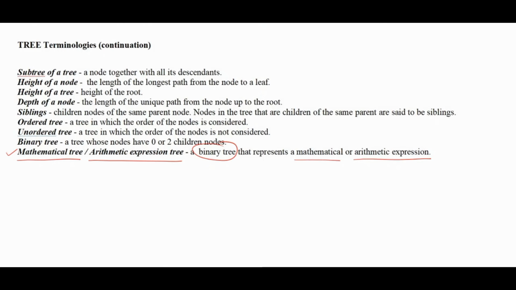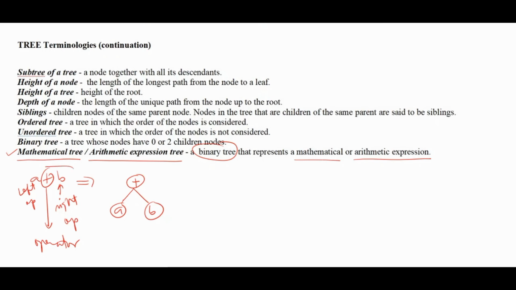Say, for example, we have the arithmetic expression A plus B. This expression is represented by this arithmetic expression tree, where the operator is the parent of the two operands, which are A and B. Okay? So this is the left operand, this is the right operand, and plus is the operator.